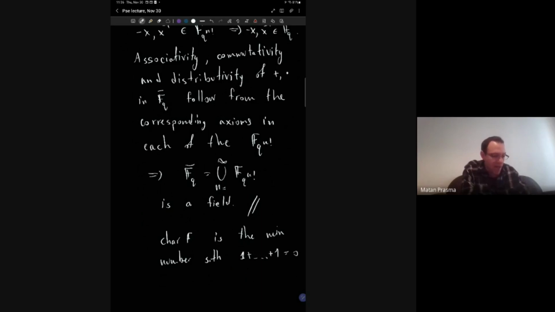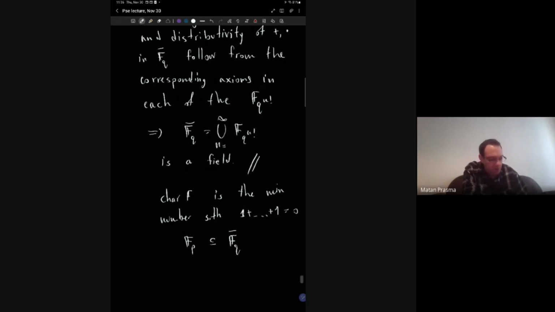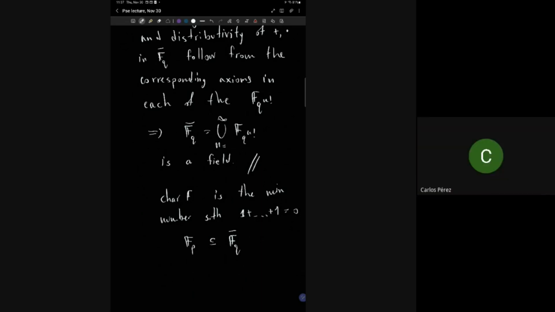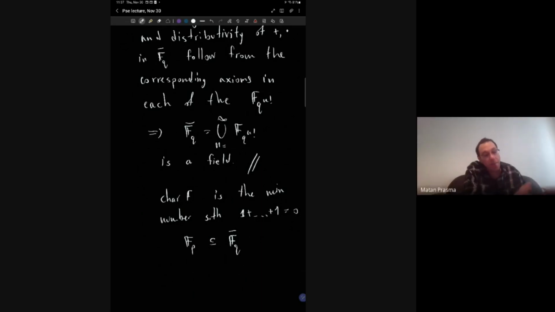So since F_q bar contains F_p, it means that F_q bar is of characteristic p. You have no choice. But it is of infinite order. It's a new phenomenon for us, a field of finite characteristic, but of infinite order.